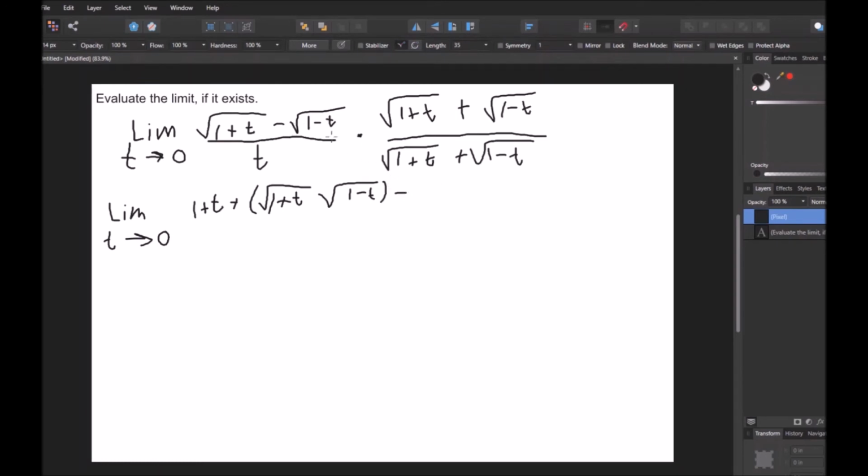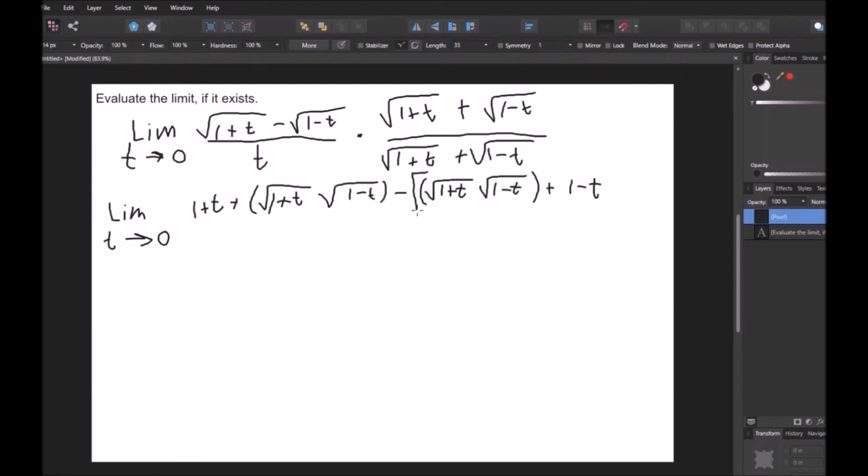Now when we do this, it's going to be minus, and then we're going to have this same term over here, because we're multiplying by the same things basically. So it's going to be the square root of 1 plus t times the square root of 1 minus t, and then plus 1 minus t.